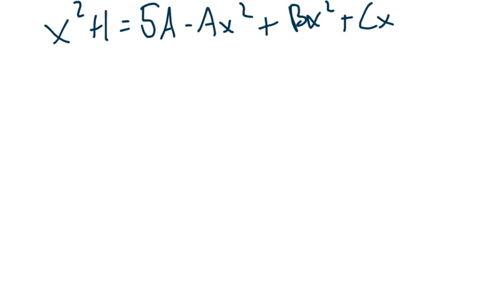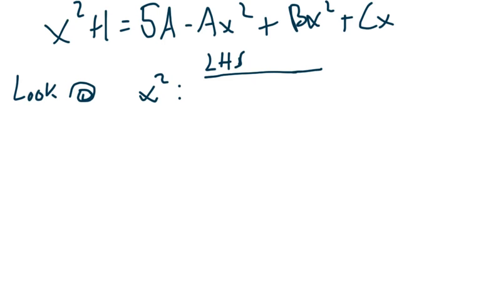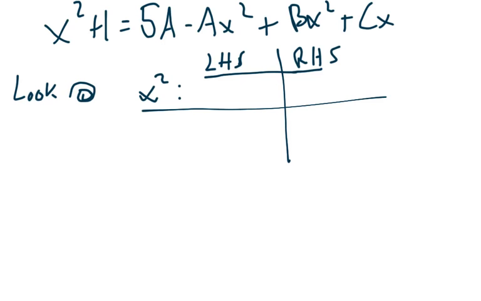I'm going to look at each term and make a table, with the left hand side and the right hand side. For my x squared terms, I have 1 on the left hand side, and it equals minus A plus B.